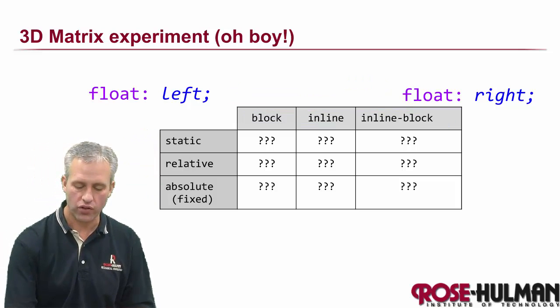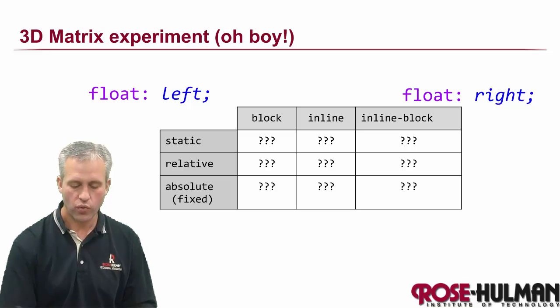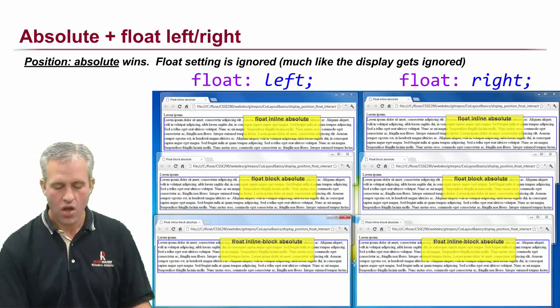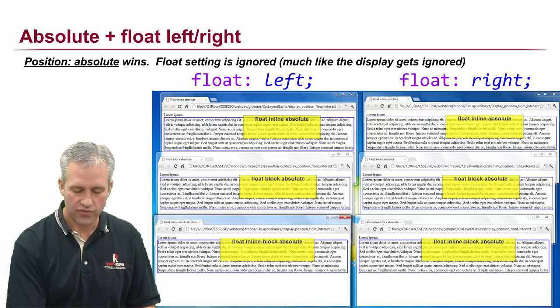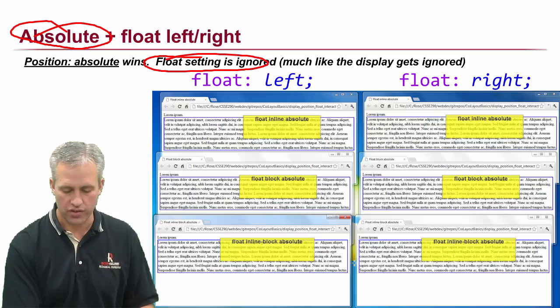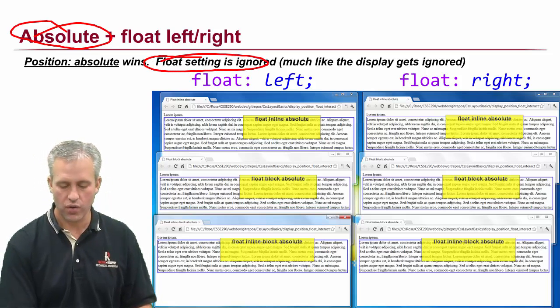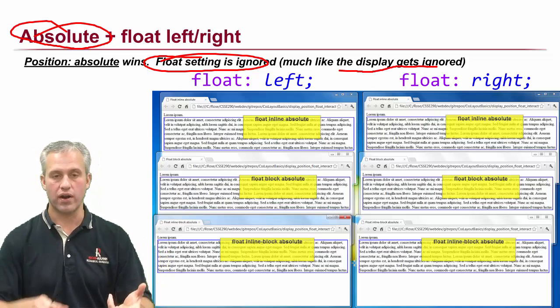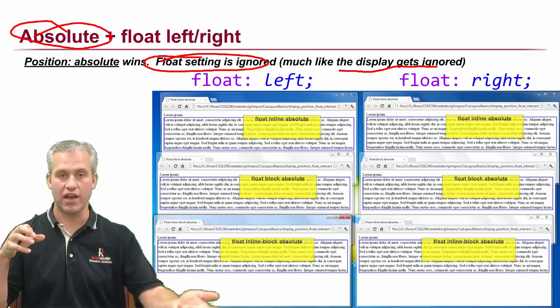The first one that I want to look at is absolute. What happens if you have float set and then absolute? It turns out that in this case, if you set absolute, then the word float is ignored. In the same way that display gets ignored whenever you do something absolute, float is actually ignored.